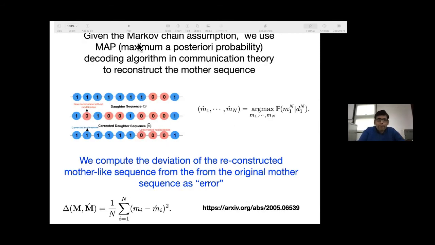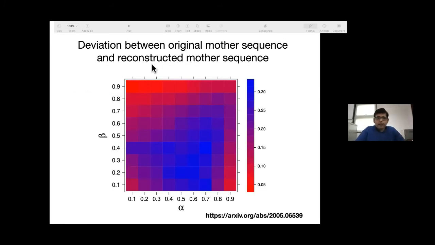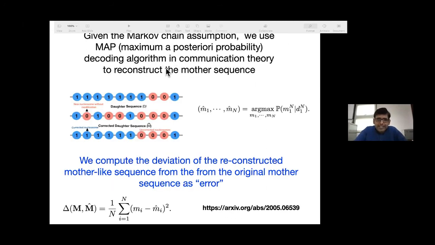Once you know these two parameters, alpha and beta, one can apply something called the MAP decoding algorithm, which is a well-known algorithm. I won't go into the details of the algorithm now, which basically maximizes a conditional probability, P of M given D1N, where D1N is the daughter sequence. Given the daughter sequence, we have to find the mother-like sequence by summing over all possible mother configurations.